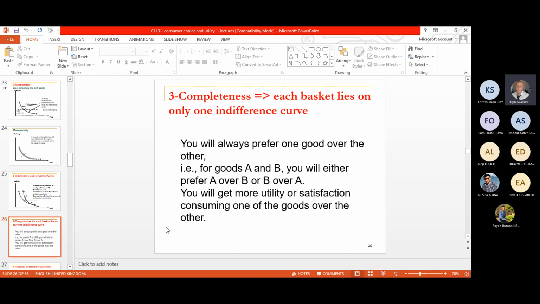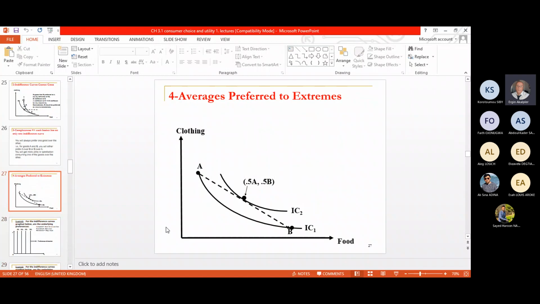And completeness: each basket lies on only one indifference curve, as I mentioned, and you will always prefer one good over the other. For goods A and B, you will either prefer A over B or B over A. It depends on where it is located and what the position is. And you will get more utility or satisfaction from one of the goods over the other. As you see here, indifference curve 1 is less than indifference curve 2.